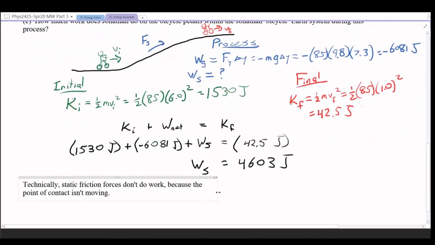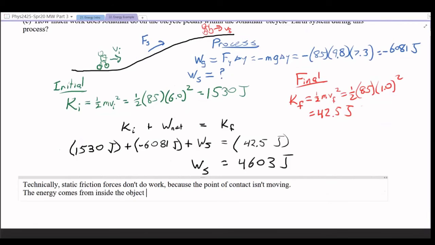There's a technicality about static friction forces. The point of contact isn't moving, so the energy comes from inside the object.